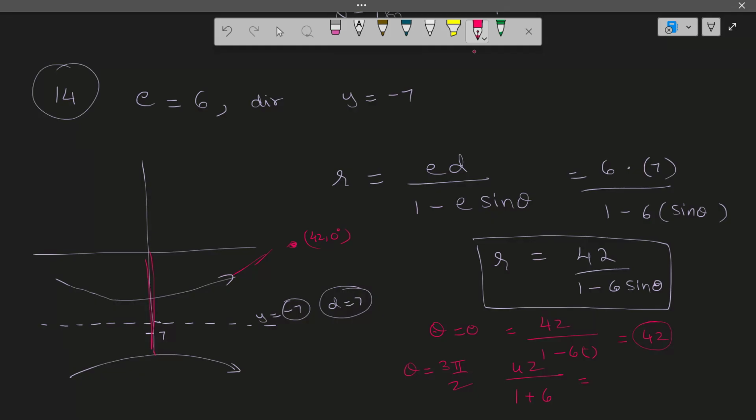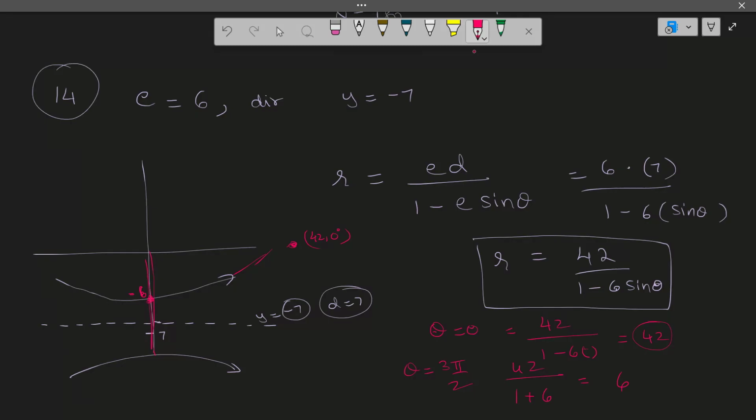Yes, it is 6. So this value here is going to be 6, because that's the r value here, so it's going to be 6 over here. So we'll probably get this as one of them.